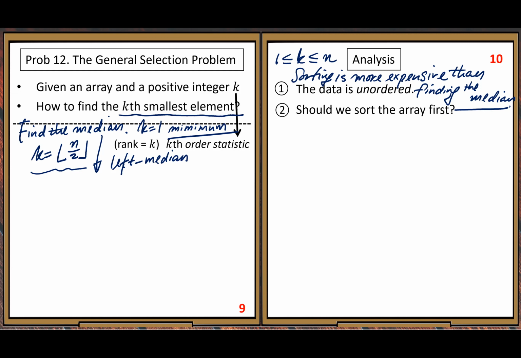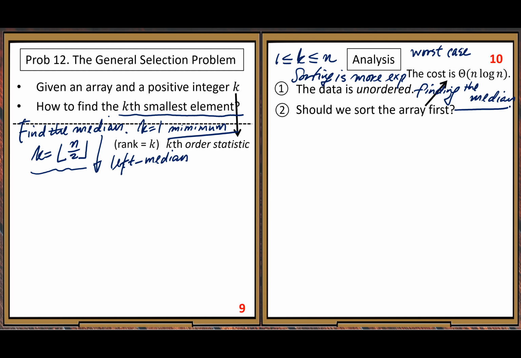Should we sort the array first? The cost of sorting is n log n in the worst case. For the worst case, you can use merge sort.